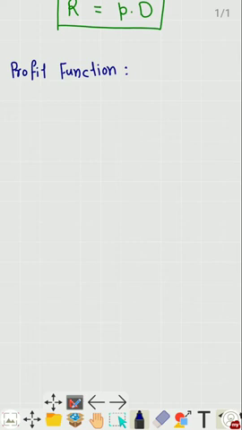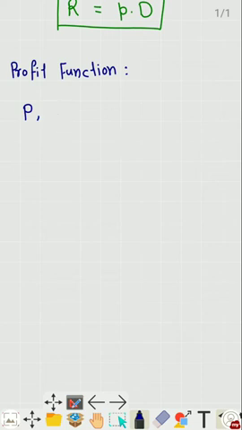In this case also it is the total profit function, not just the profit function, and that total profit function is denoted by the notation capital P.